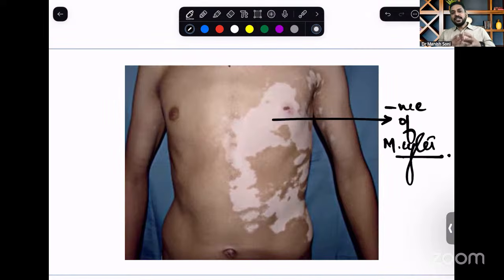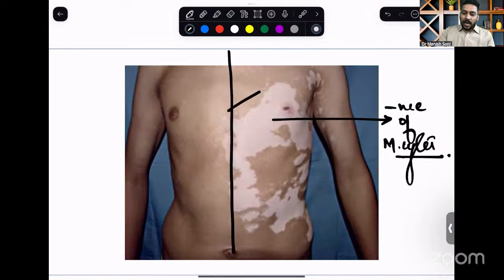Now, there are different types of vitiligo. The most common type is vitiligo vulgaris, where generally bilaterally symmetrical lesions are seen. But here in this image, you can see that the lesions are unilateral and they are along a particular nerve segment.